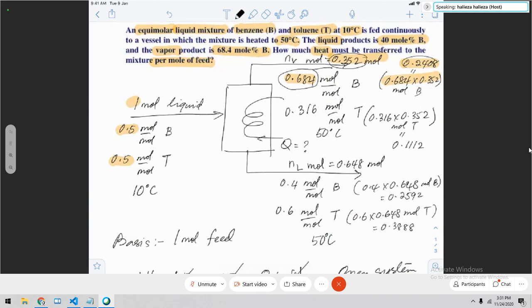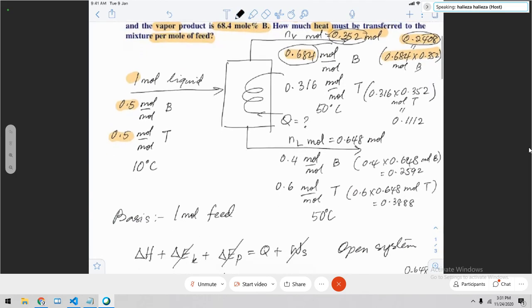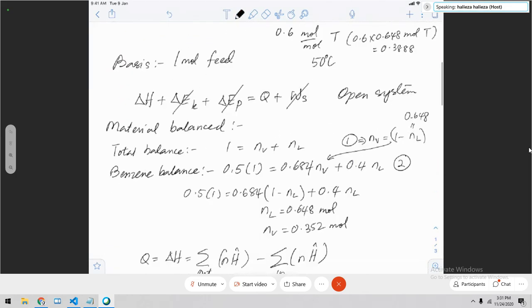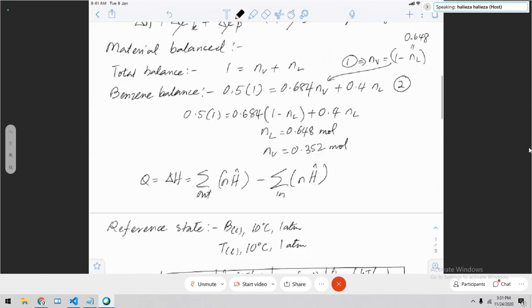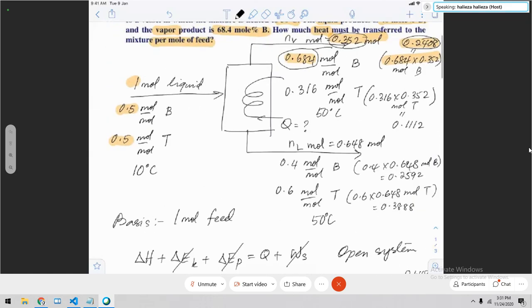This is the value for the amount of benzene in the vapor phase. So I will write that down in our table, 0.2408. That is the number of moles of benzene in the vapor phase. For the toluene, this is the amount after I have done the calculation, 0.1112.